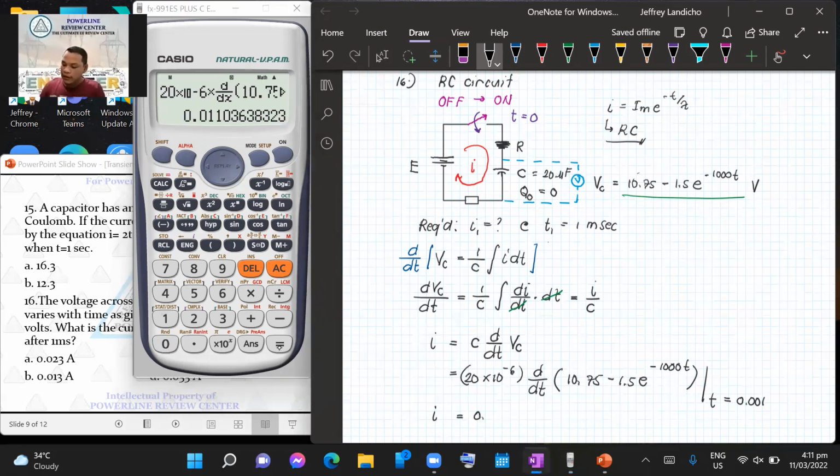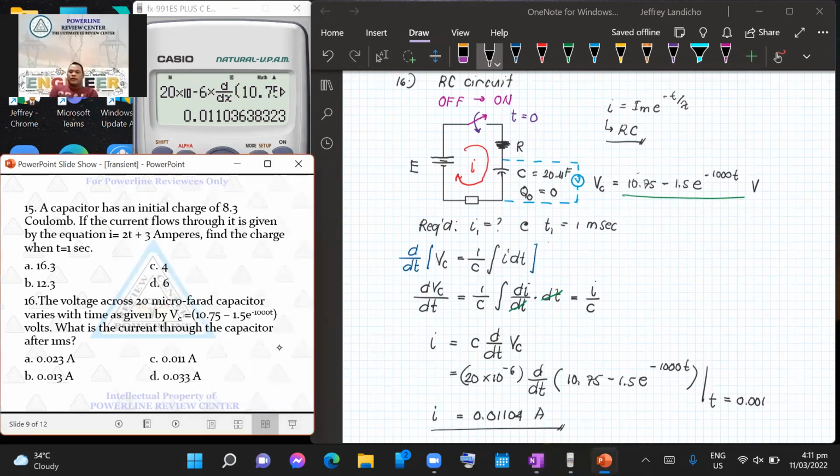The current in the circuit will be 0.01104 ampere. That should be the answer. 0.011 ampere is fine. Which letter? Letter C. Got it? Any question regarding problem number 16?